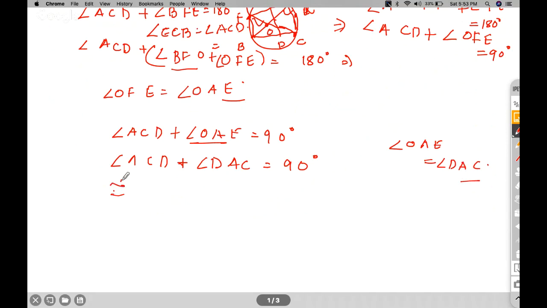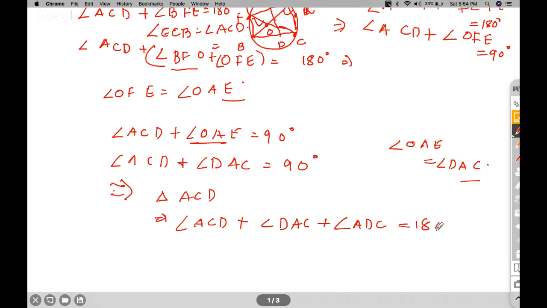But in triangle ACD, I know that angle ACD plus angle DAC plus angle ADC is equal to 180 degrees. So angle ACD plus angle DAC is equal to 180 degrees minus angle ADC.